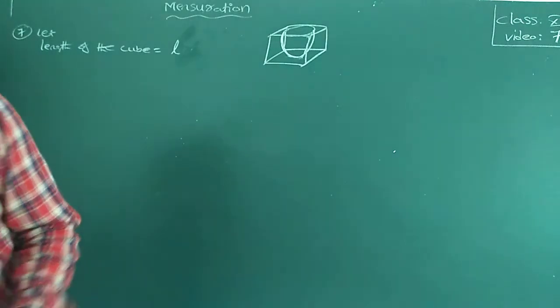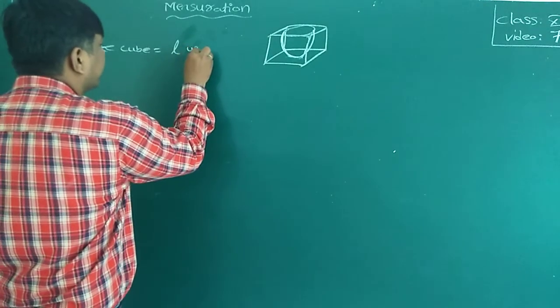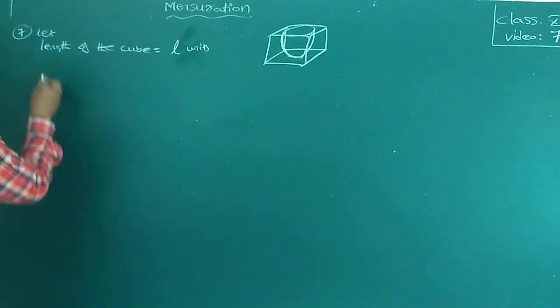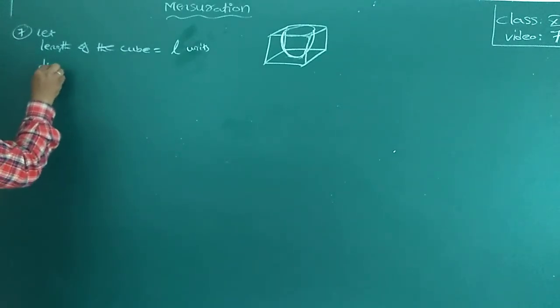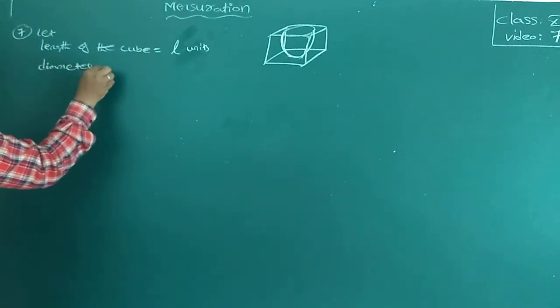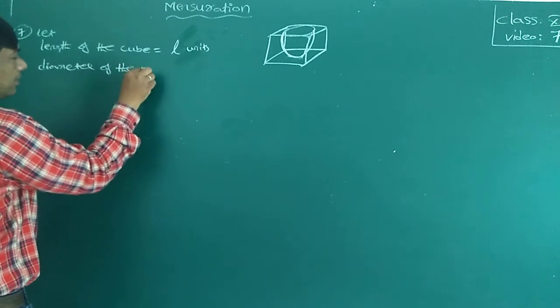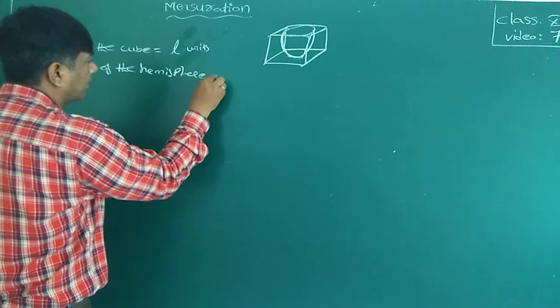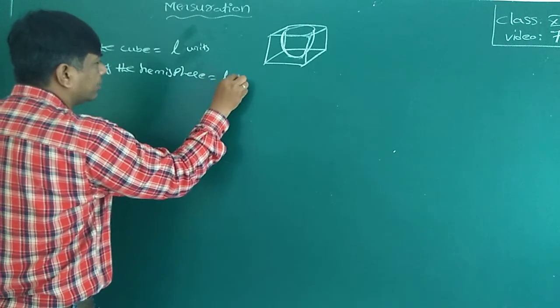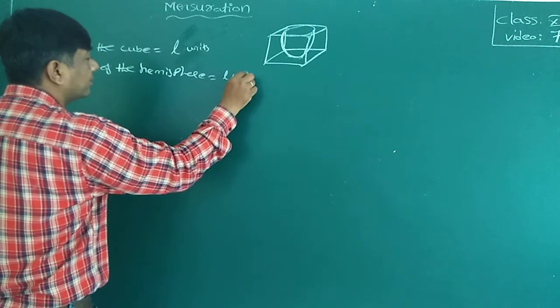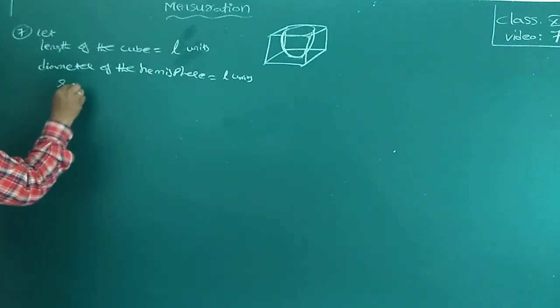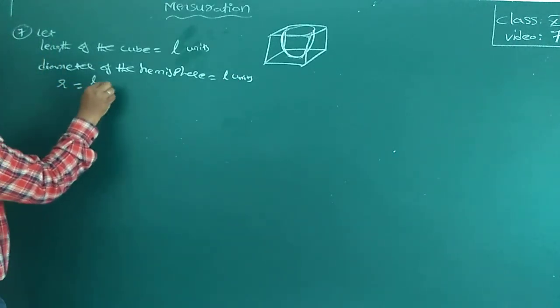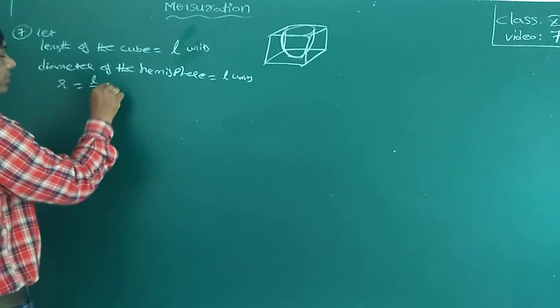No. L units. Then the diameter of the hemisphere is equal to L units. Then the radius is equal to L by 2 units.